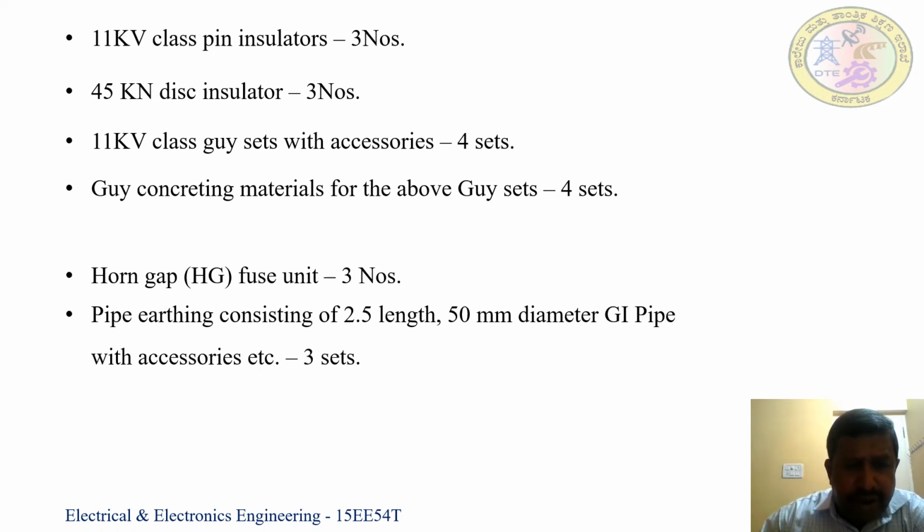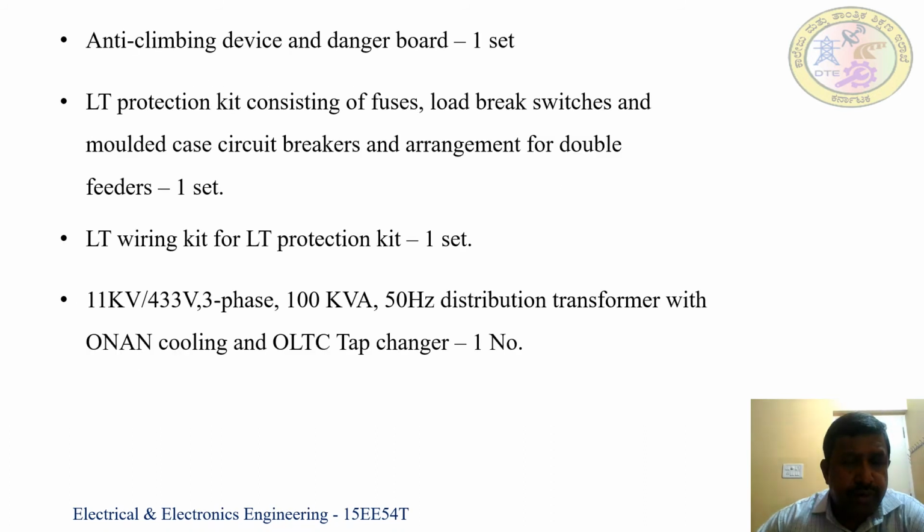Next, pipe earthing consisting of 2.5 meter length, 50 diameter GI pipe with other accessories, 3 sets. Next, move on to the material anti-climbing device. It is the barbed wire and the danger board. Each quantity is 1 set.